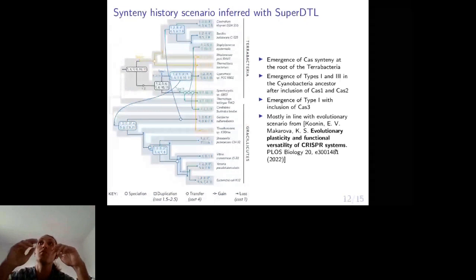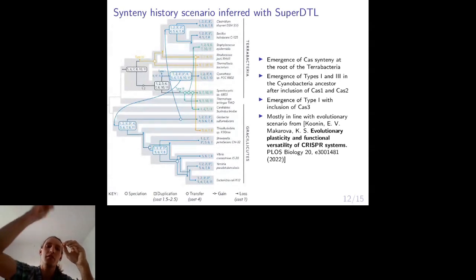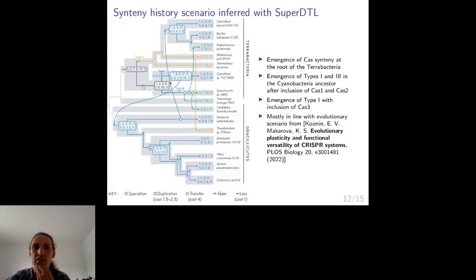The supposition is more that type 4 is a degraded ancient CRISPR-Cas, but in our model we consider more the type 4 as an ancestral state, and after you have the derivation of the type 1 and type 3.